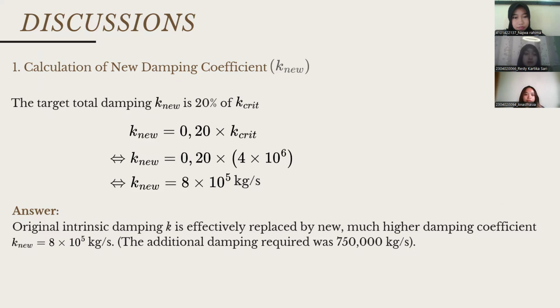So the original intrinsic damping K is effectively replaced by K nu, a much higher damping coefficient. K nu is equal to 8 times 10 to the power 5 kilogram per second. So the additional damping required was 750,000 kilogram per second.